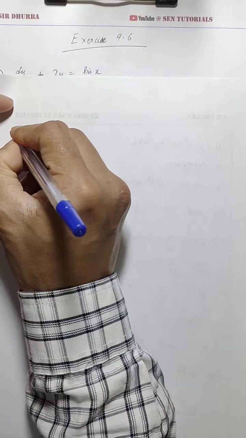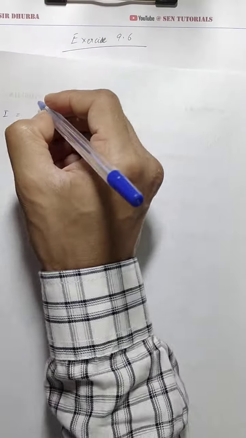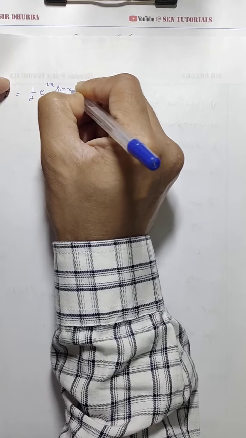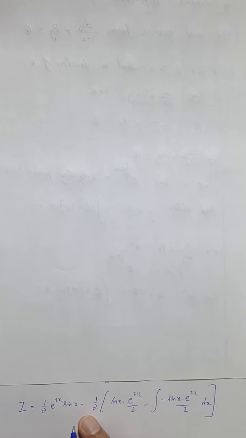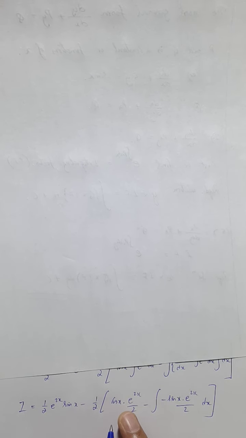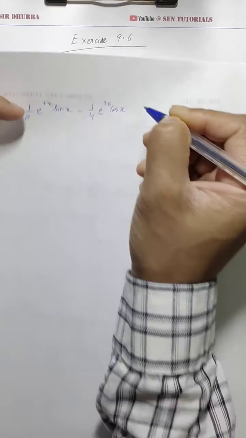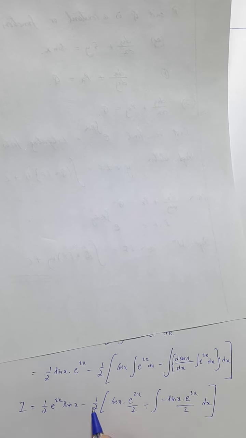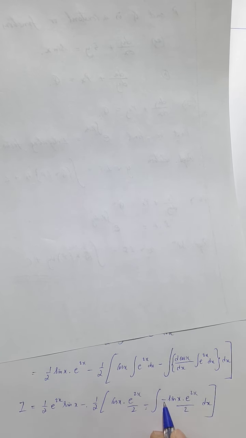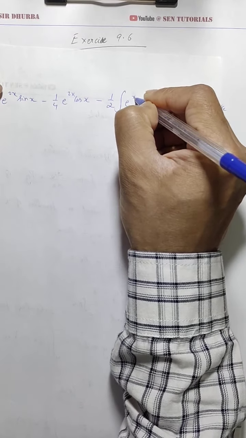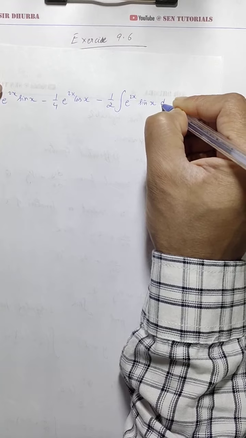It's going to be I equal to 1/2 e to the power 2x sin x minus 1/4 cos x e to the power 2x, minus into minus plus, minus 1/4 integral of e to the power 2x sin x with respect to x. I think that's fine, you can note it down.